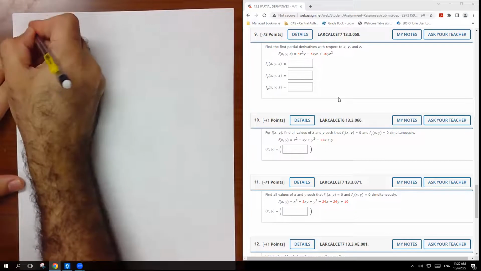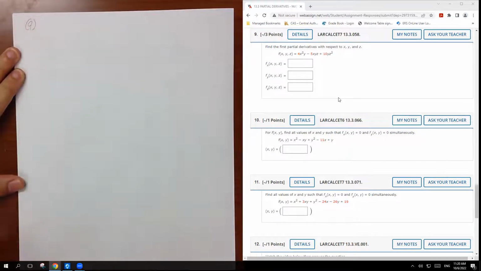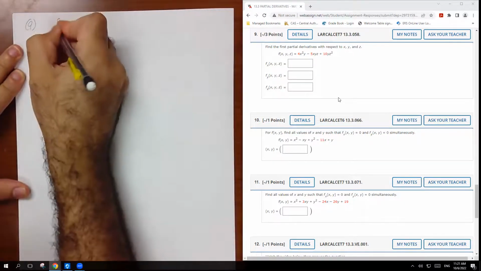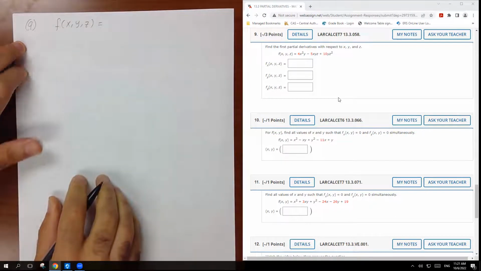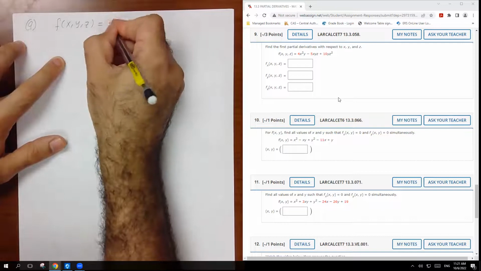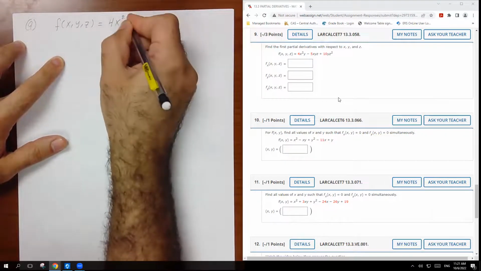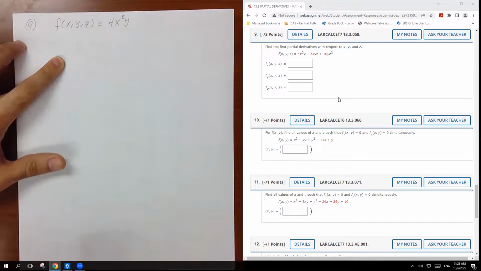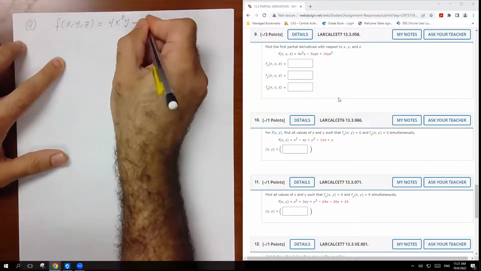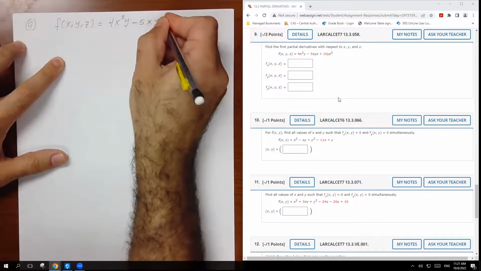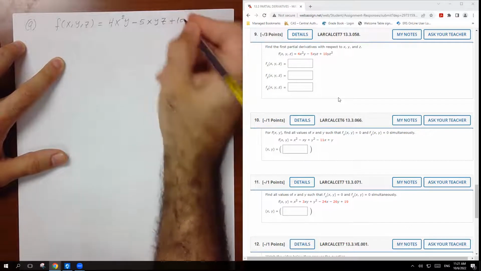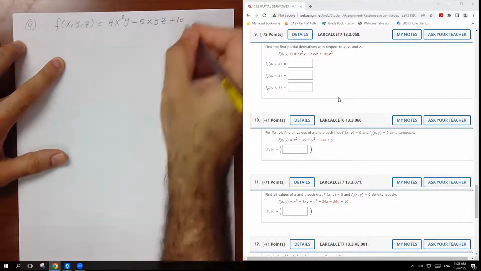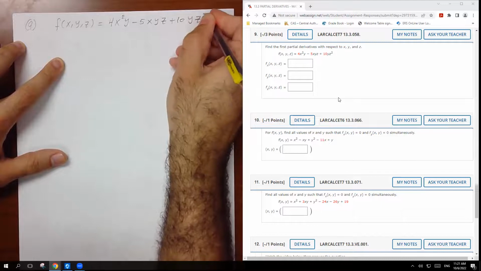So now we have f of x, y, z equal to 4x squared y minus 5xyz plus 10yz squared.